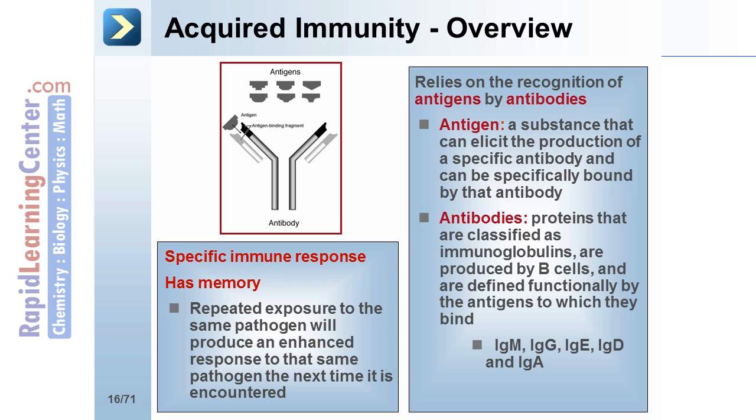Antibodies are proteins that are classified as immunoglobulins, are produced by B cells, and are defined functionally by the antigens to which they bind. There are 5 types of immunoglobulin that are structurally related: IgM, IgG, IgE, IgD, and IgA.